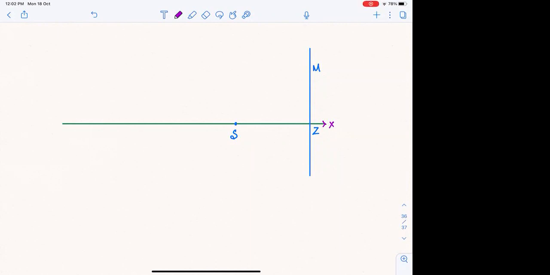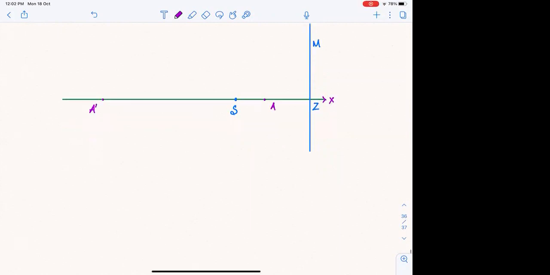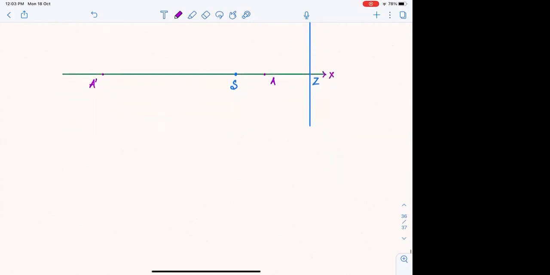So accordingly, we will get some point A and some point A dash, maintaining that SA by AZ is the same as SA dash by A dash Z, which is e is to 1.